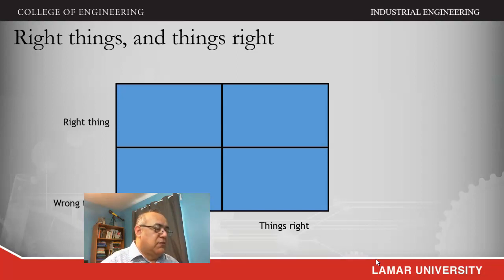Now, sometimes we do the right thing, but we do it wrong, and that could be because we're developing a new process, we're learning. But even if we fail to get a successful development, it could be the right thing because it's the only way to learn, right?